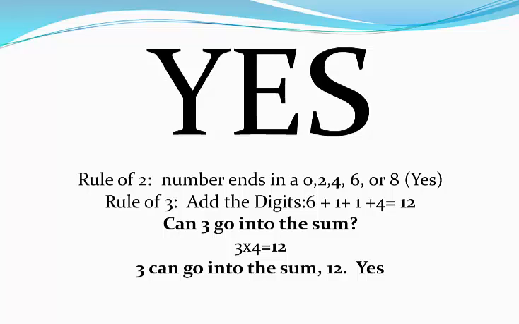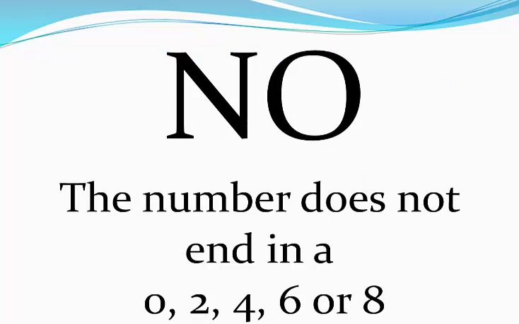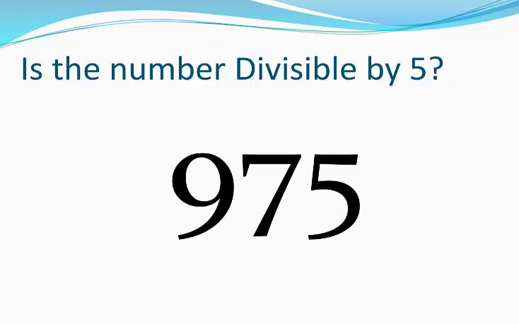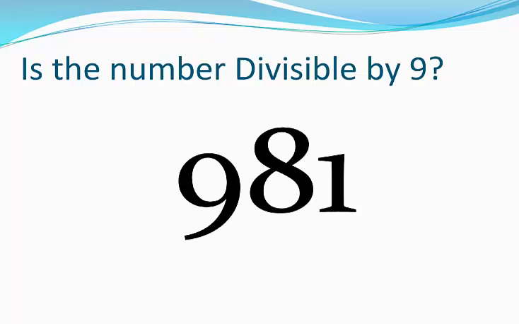Is the number 487 divisible by 2? Look at the last digit. It's a 7. You're right, it's not divisible by 2 because it's not an even number. Is the number 975 divisible by 5? Yes, because it ends in a 5. Is the number 981 divisible by 9? Well, we have to check with our rule.